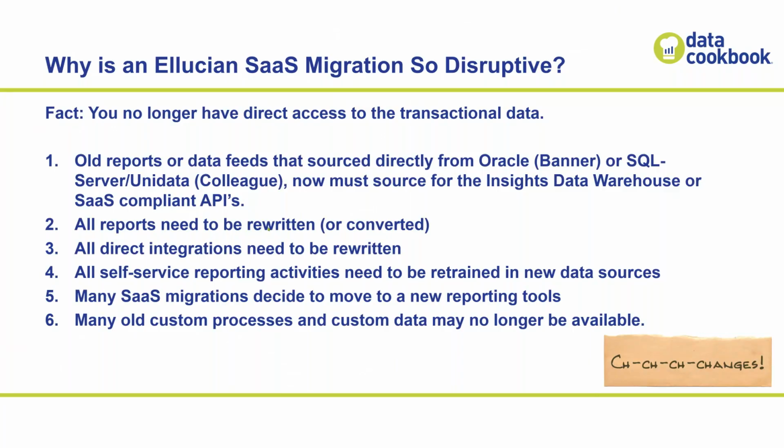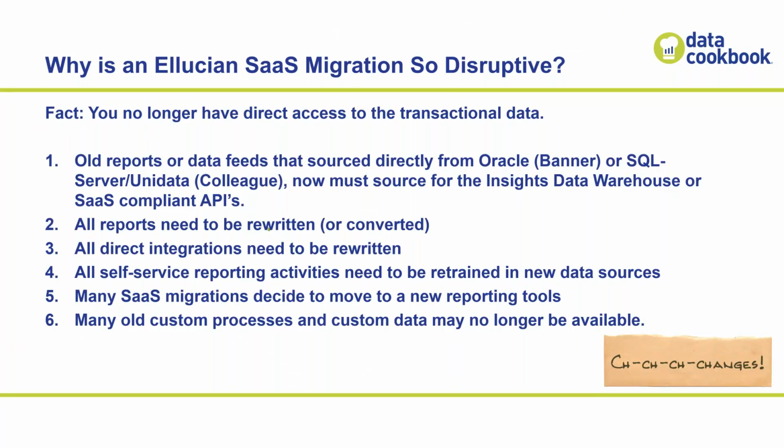The other thing, and there's some variance on what the impact is depending on how you're implementing SaaS, but any old custom processes you have, like batch jobs that were running and generating work tables and custom tables in Colleague or Banner, won't exist anymore running in that process.